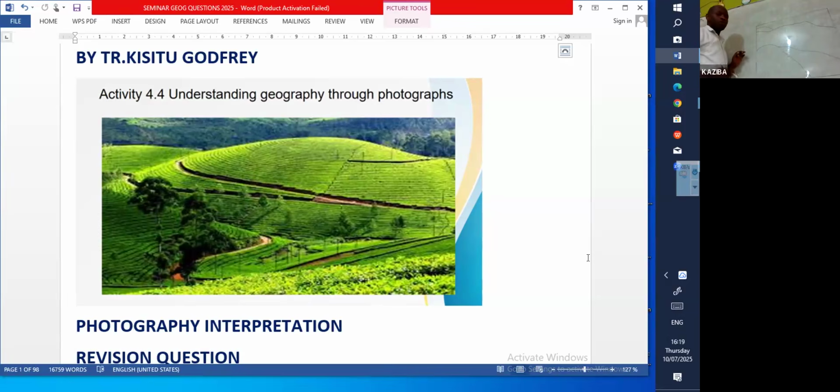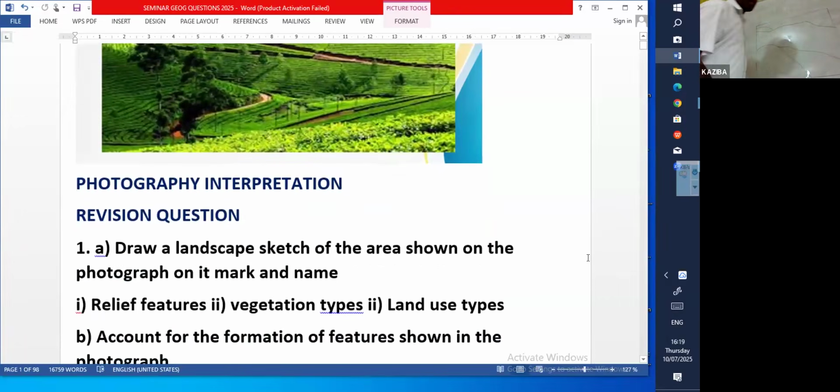So in case they want you to put relief features like they are shown here, on the back and name relief features, automatically this is an upland. Of course, where there is an upland, we have steep slopes.